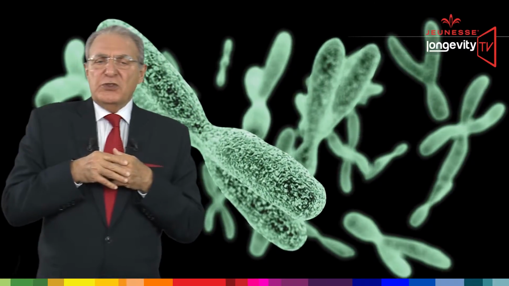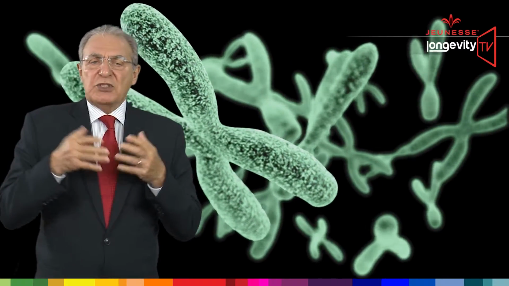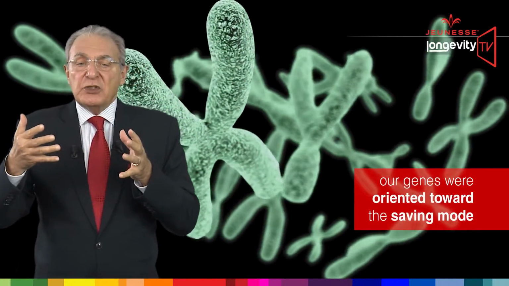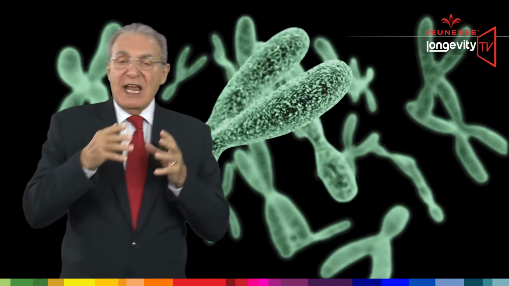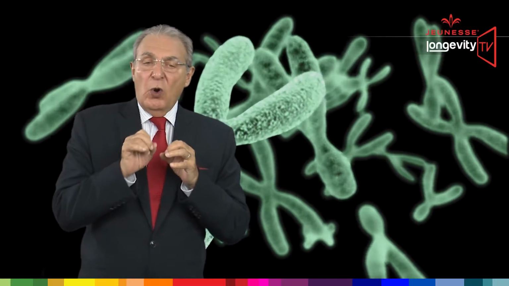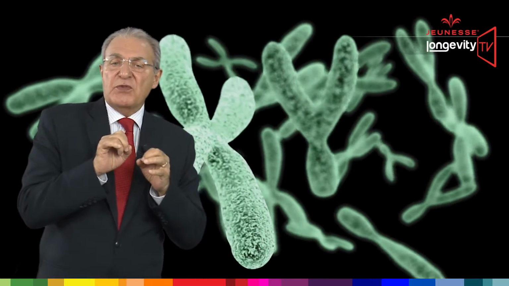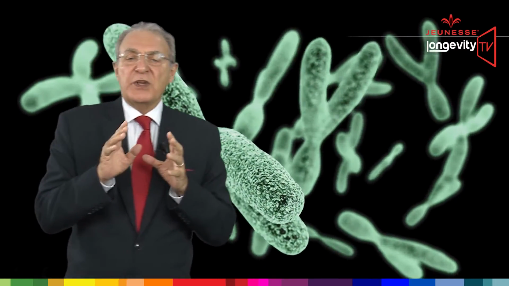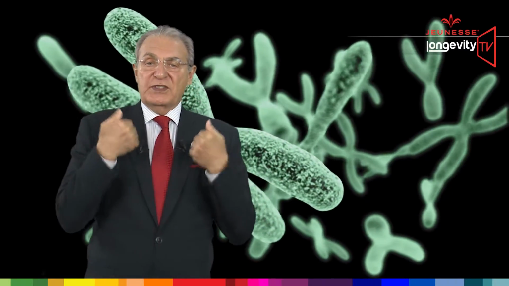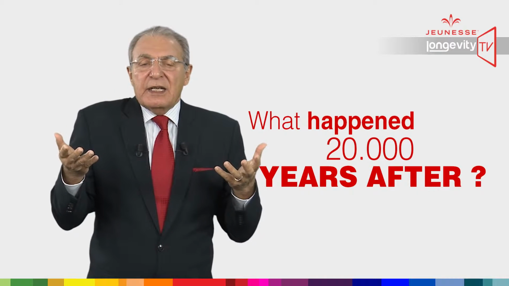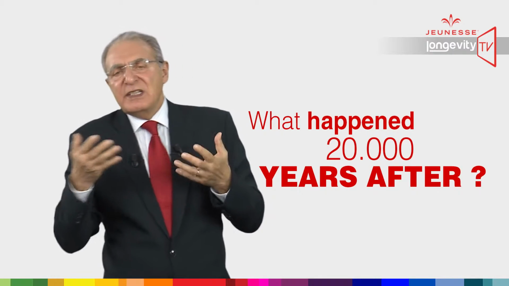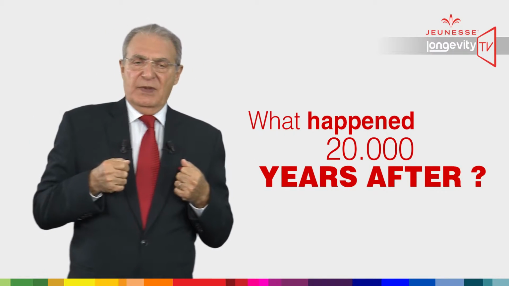Because of the uncertainty of food availability, our genes were oriented toward saving mode, which means that every time we eat, all the energy coming from the food was oriented to the storage facility. What happened 20,000 years later?